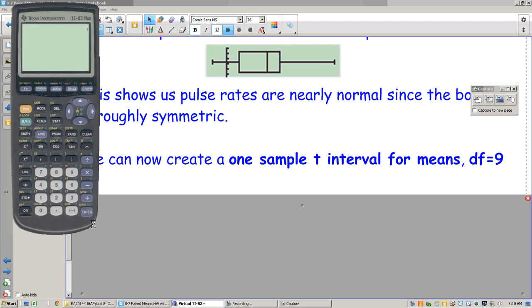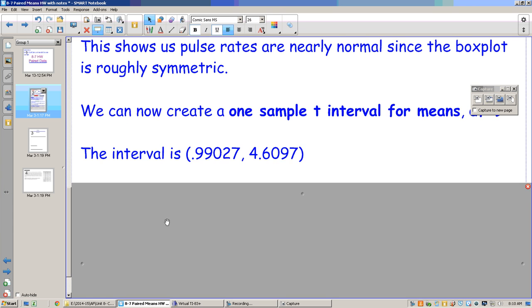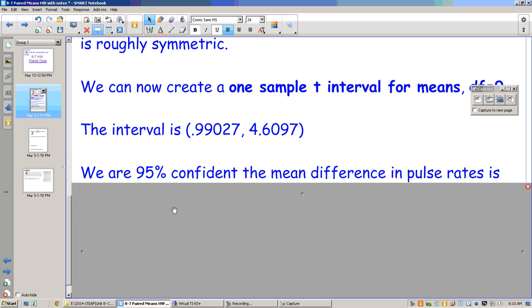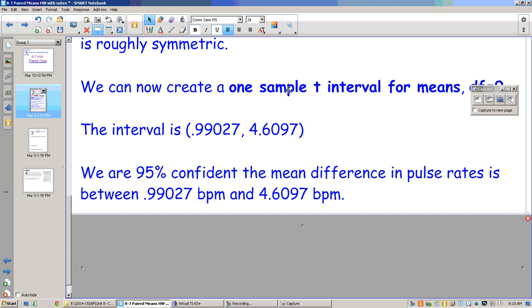It takes a minute longer. And we have our interval come up 0.99027 to 4.6097. So then to actually interpret our interval, we're 95% confident the mean difference, it's all about the differences, that's why we did that subtraction, in pulse rates is between 0.99027 and 4.6097.